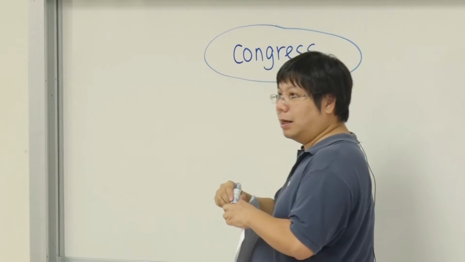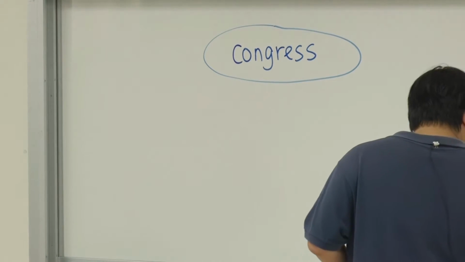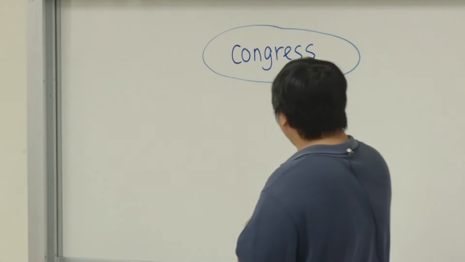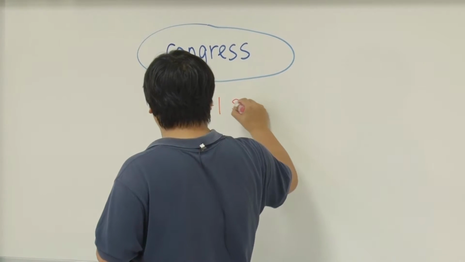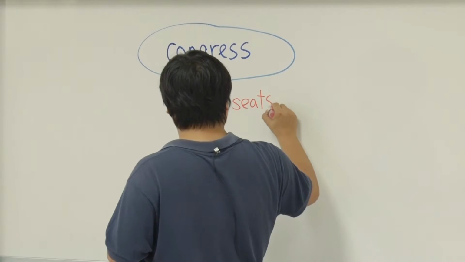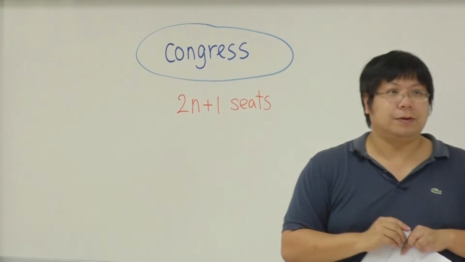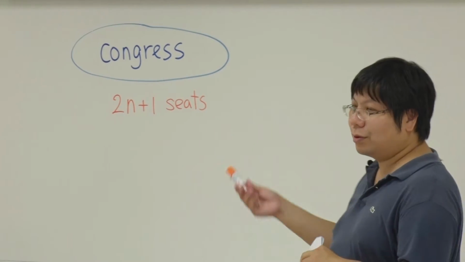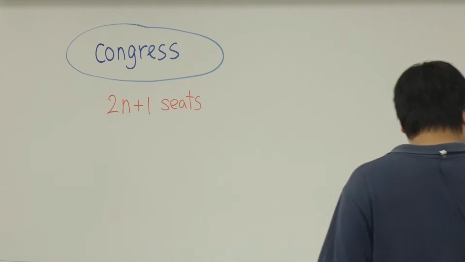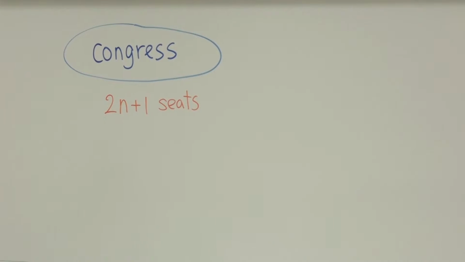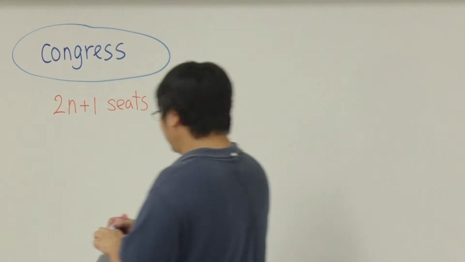Let's say there is a U.S. Congress, and this U.S. Congress has 2n plus 1 seats for the representatives here. And then let's say there are 3 different kinds of parties.